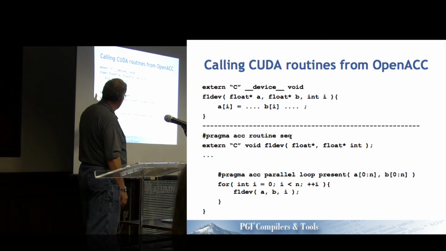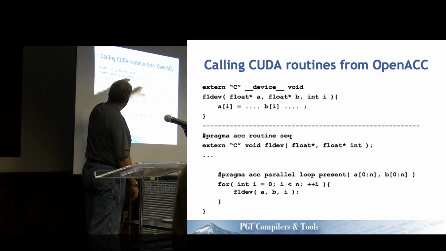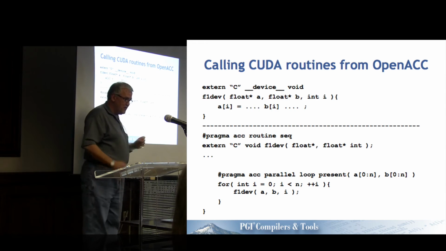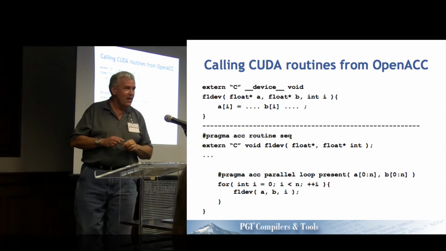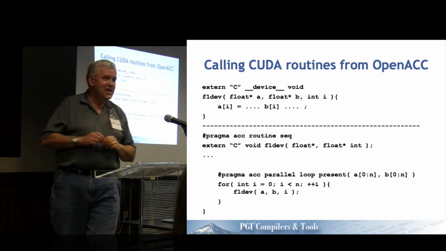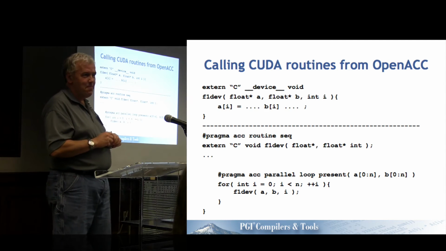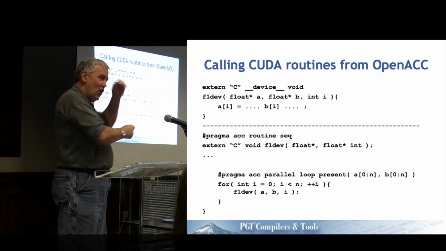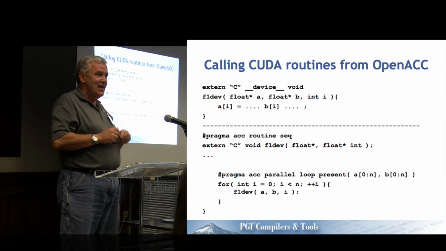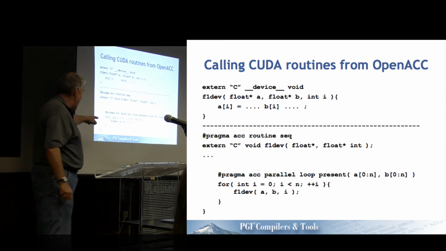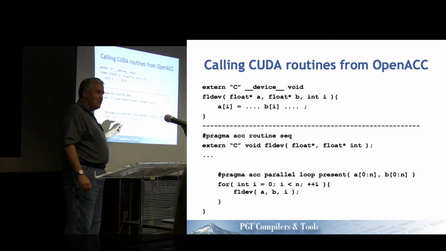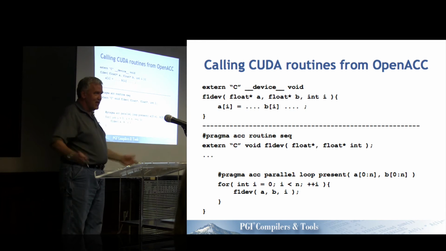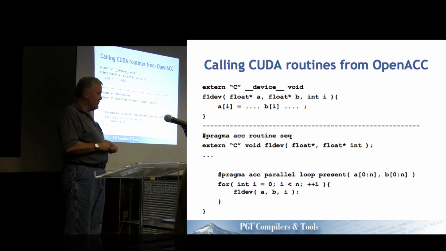So I declare the interface, and this part matches that part. I declare it with ACC routine, which says that routine is available on the device. So when I call it, I can call it on the device, and it'll have that name, and that'll get resolved by the linker, the way linkers resolve things.